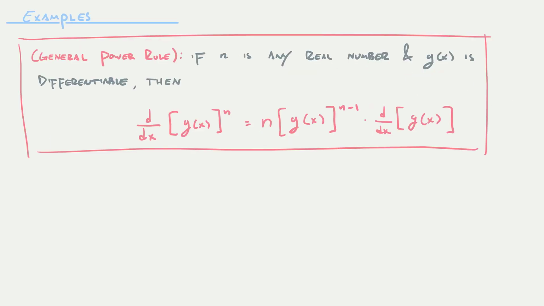And that rule we're going to call the general power rule. If n is any real number and g of x is differentiable, then the derivative of g of x to the n, which is a specialized form of the chain rule, I'm going to bring down the power, subtract the power by 1, and then multiply by the derivative of whatever the inside function is.